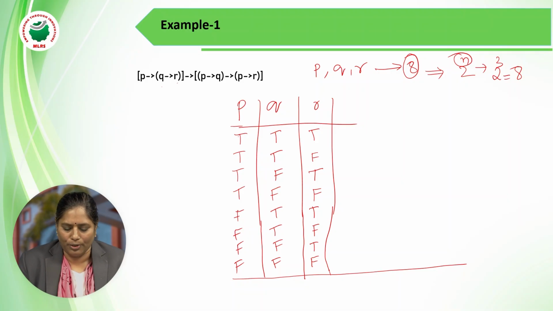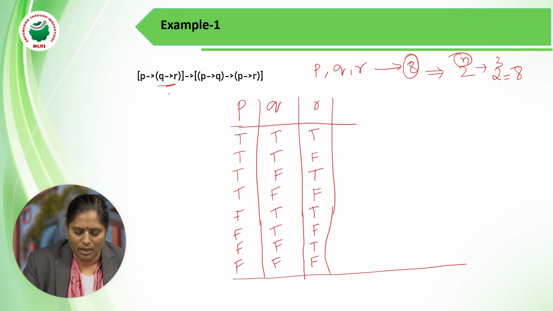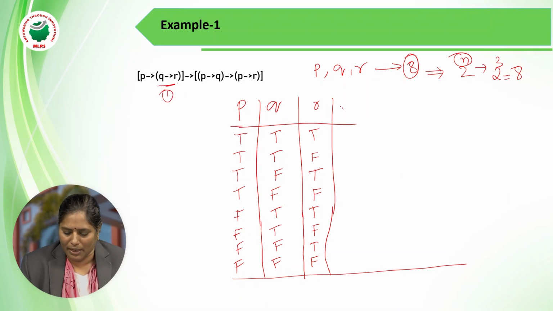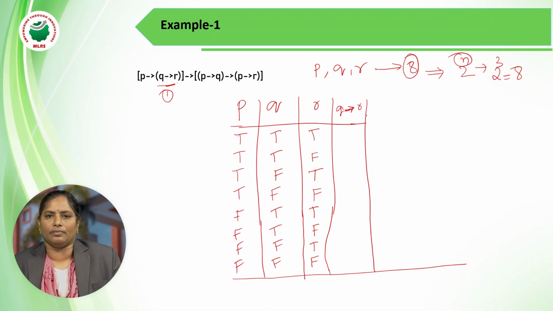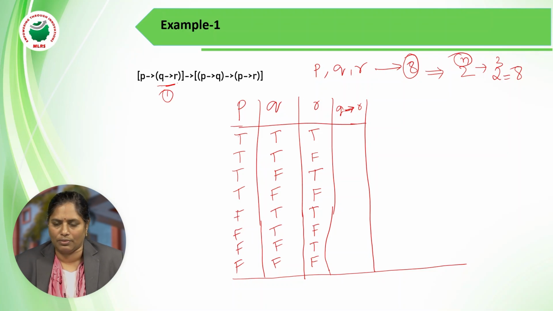So first I have to find out Q implies R. This is the first statement I am taking. Once again I remind you, when will an implication statement be false? If the first statement is true and the second statement is false, then it gives false.